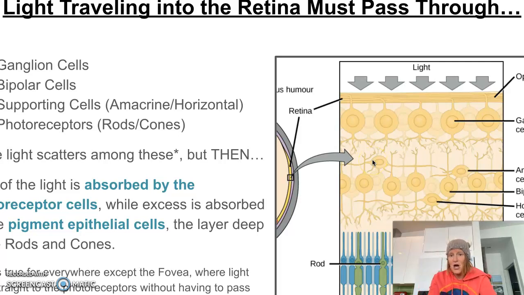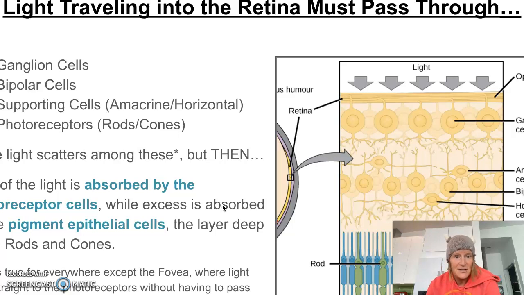The photoreceptors are turned toward the layer that is deep to them. So the actual receptors themselves are next to the pigment epithelial cells, which is the deepest layer of the retina. And then the photons, the packages of light, are received by the receptors on the surface of these photoreceptor cells. So this is true everywhere, like I said, except the fovea, where the fovea just has the photoreceptor cells.